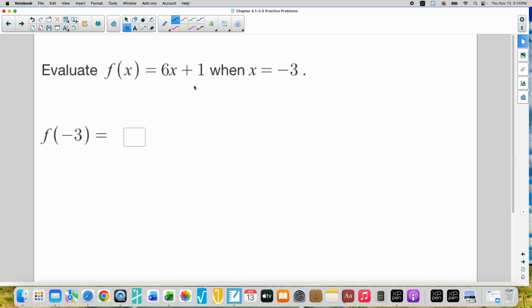I'm inputting negative 3, so 6 times negative 3 plus 1 is negative 18 plus 1, which is negative 17.